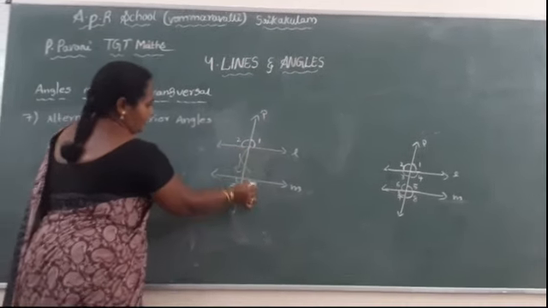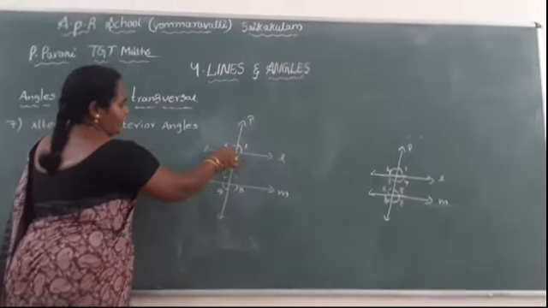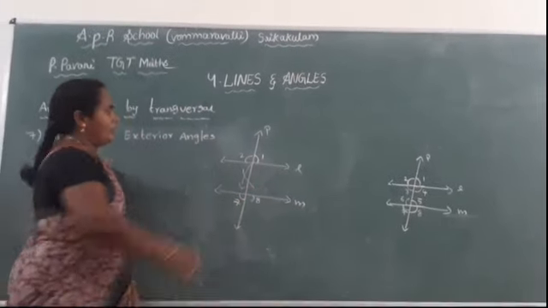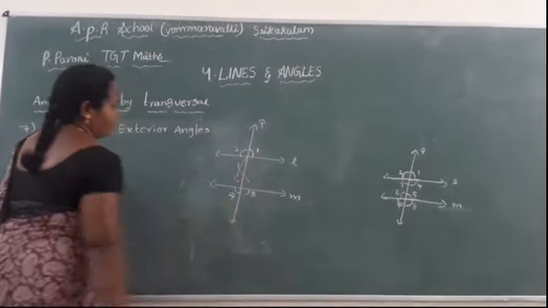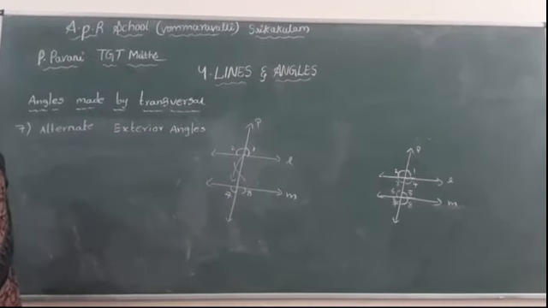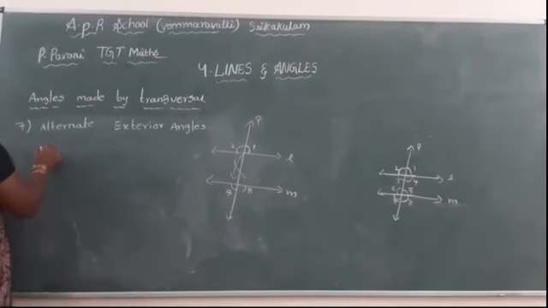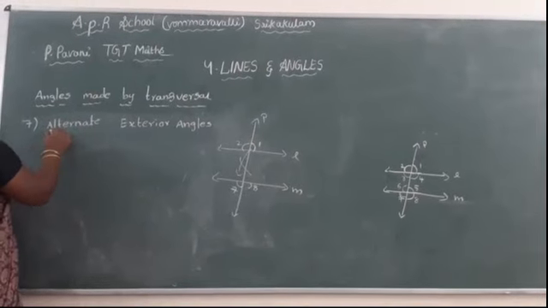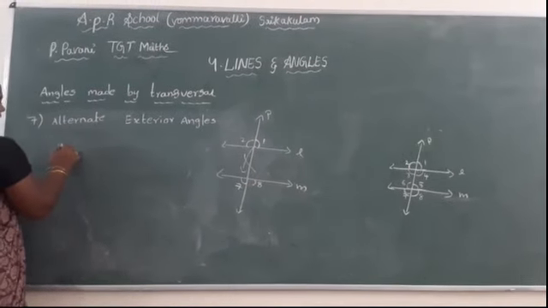Angle 2, angle 8, angle 1, angle 7: alternate to the transversal, angles that are exterior are called alternate exterior angles.